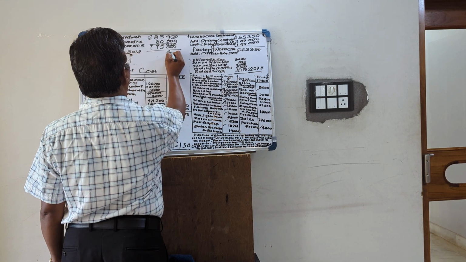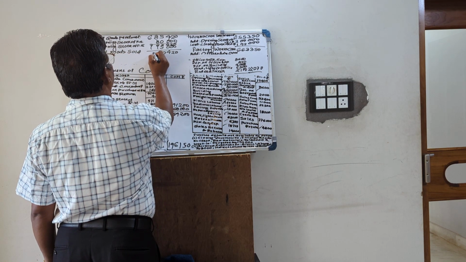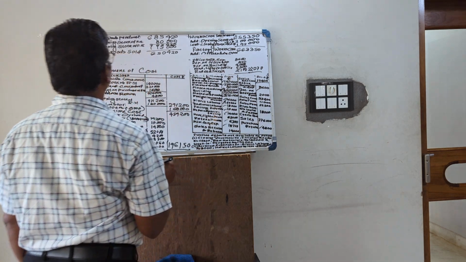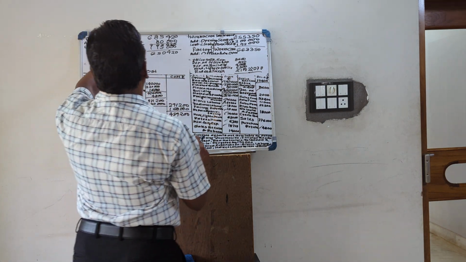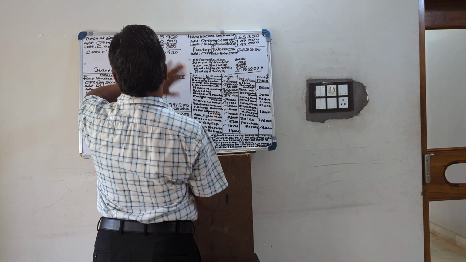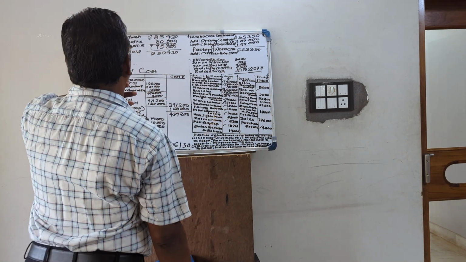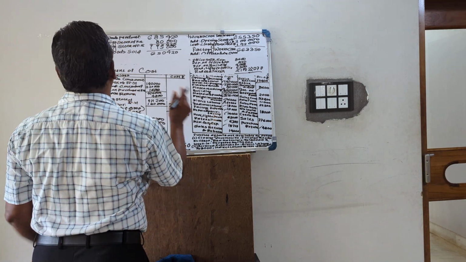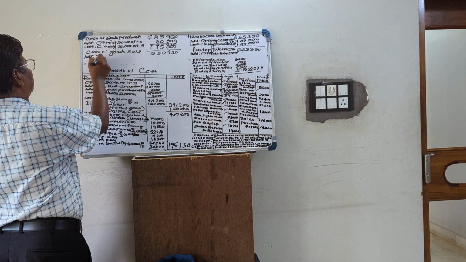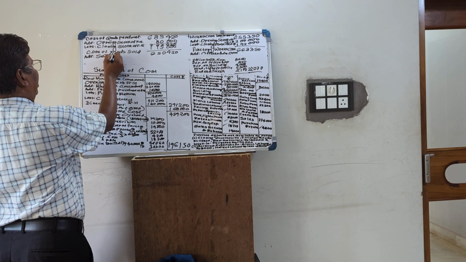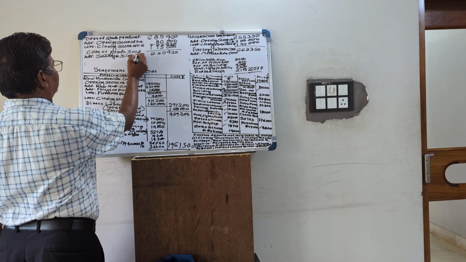So 6,85,420 plus 80,000 minus 1,15,000. So it is 6,50,420. And selling and distribution overhead.